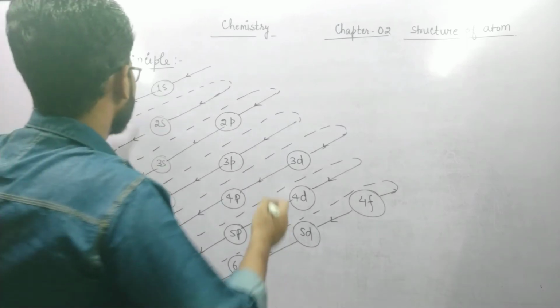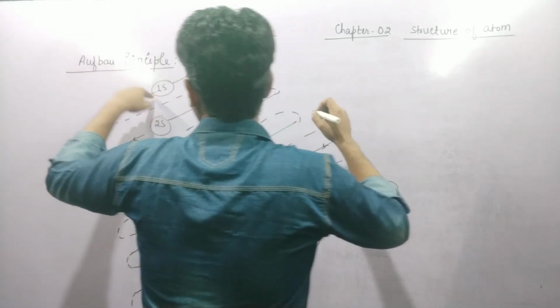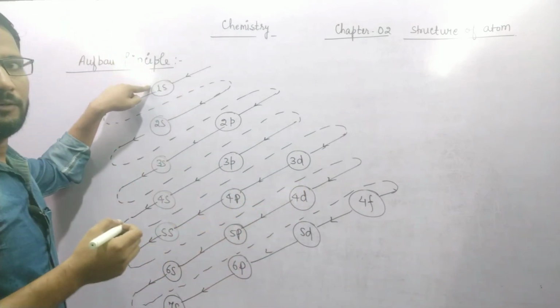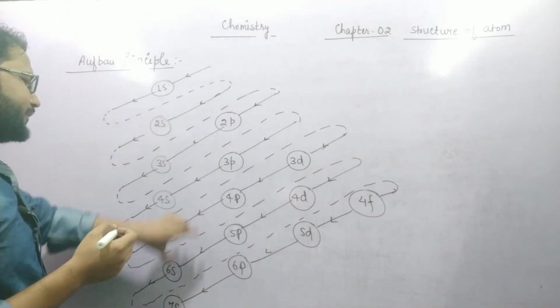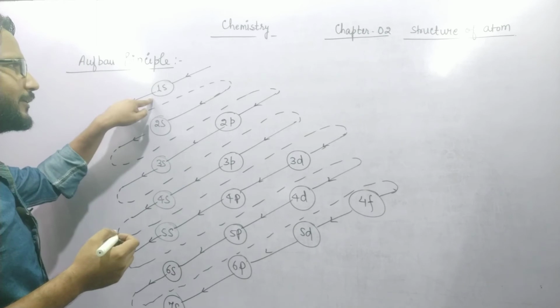Now see here, increasing order means we start from the lowest energy orbital and as we move in this diagram, the energy always increases.